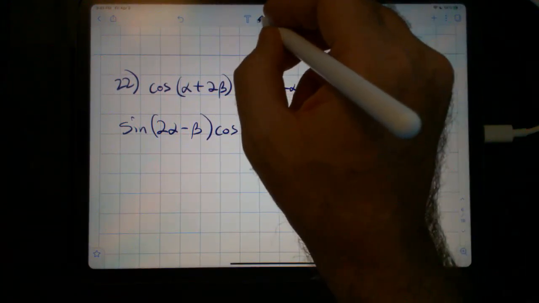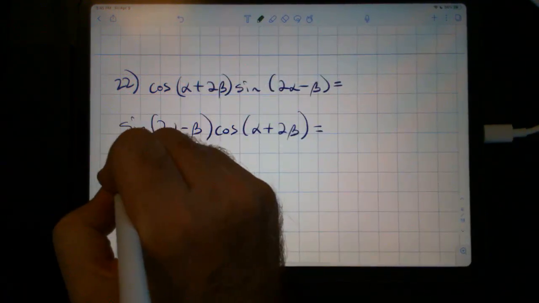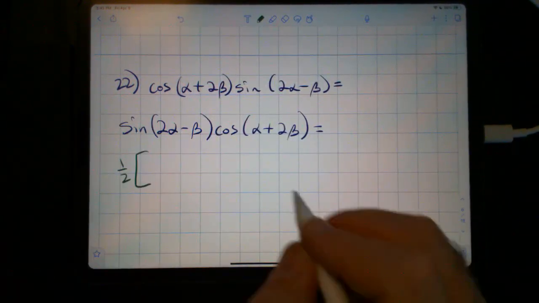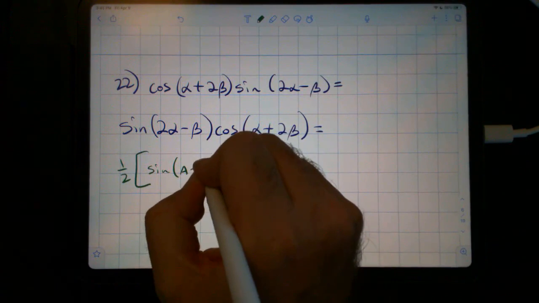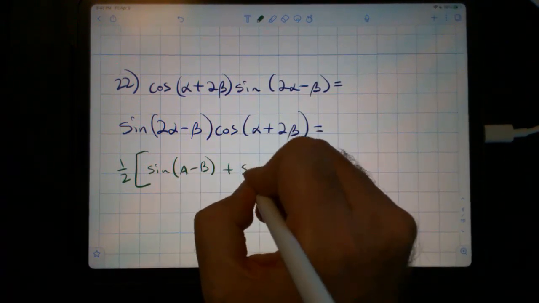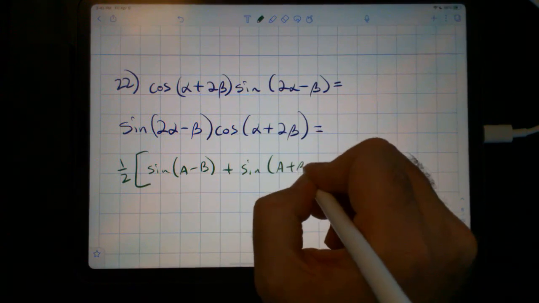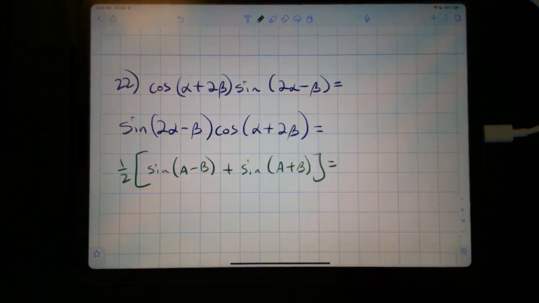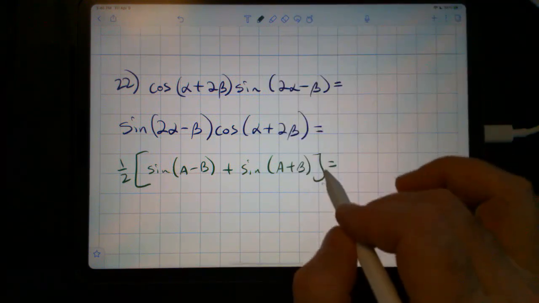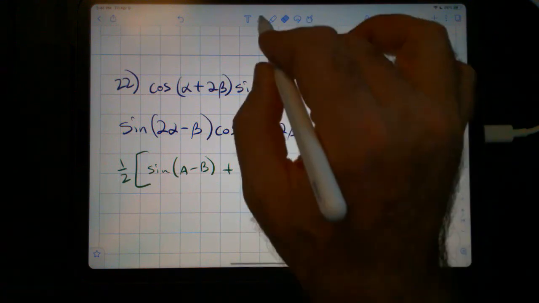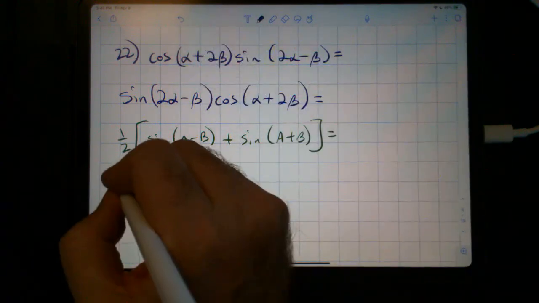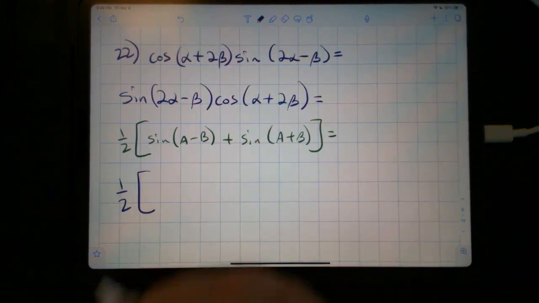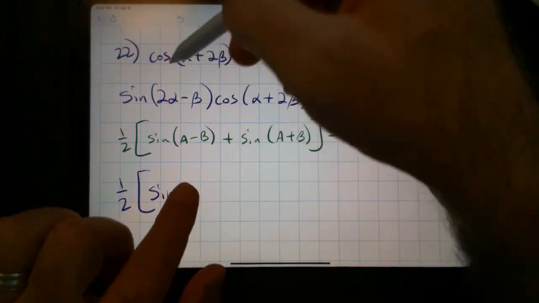And this has the basic structure of, okay, so the 1/2 we keep, and then we have sine of the differences.